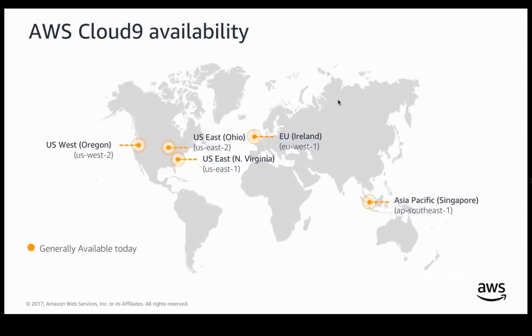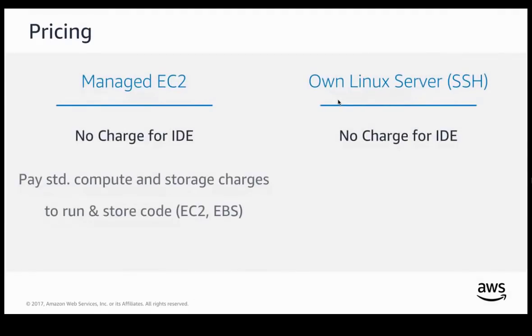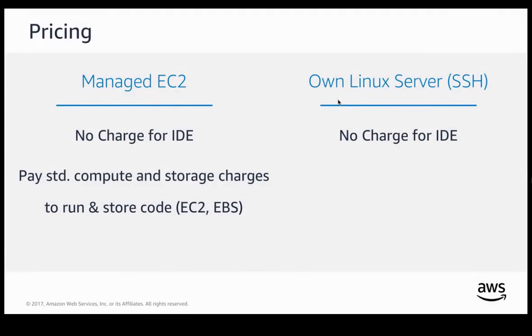So let's talk about AWS Cloud9 availability. Cloud9 is available today in 5 regions: US West, US East 1 and 2, Ireland, and Asia Pacific, Singapore. And then about pricing. As I mentioned in the beginning of the demo, there are 2 types of Cloud9 environments: the managed EC2 environments, and the SSH environments.